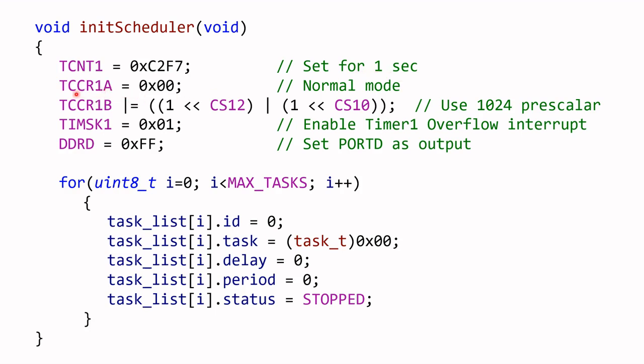Then we have the control register 1A, set it to normal mode, and control register 1B, we set these 2 bits to 1 because we are selecting 1024 pre-scalar, and then the interrupt mask, we set this to 01 hexa. That will enable the timer 1 overflow interrupt, and here we set port D to output mode.